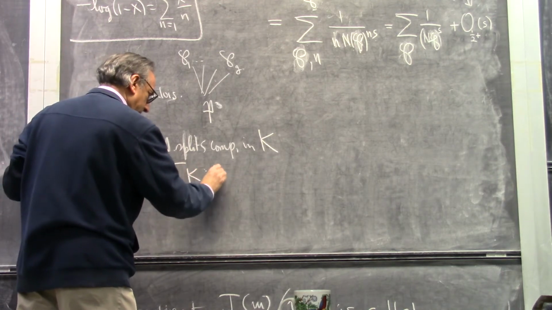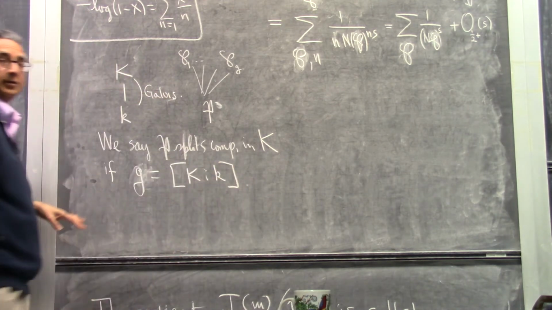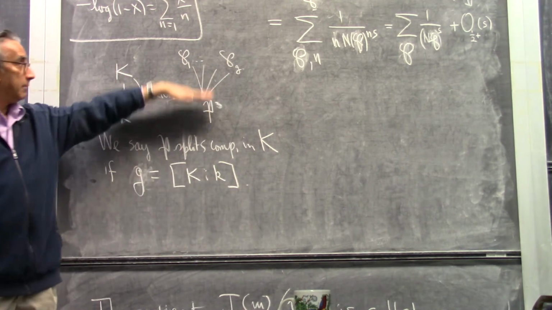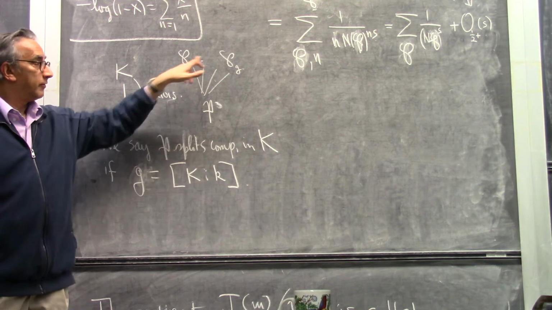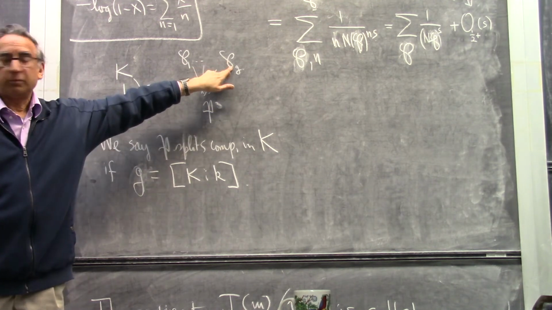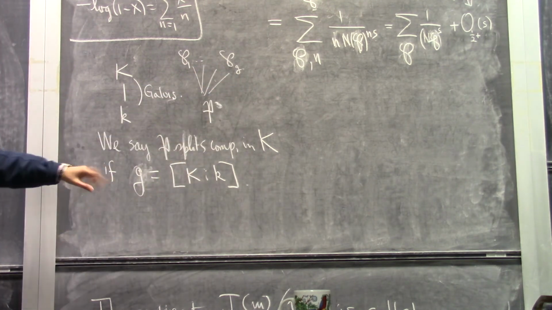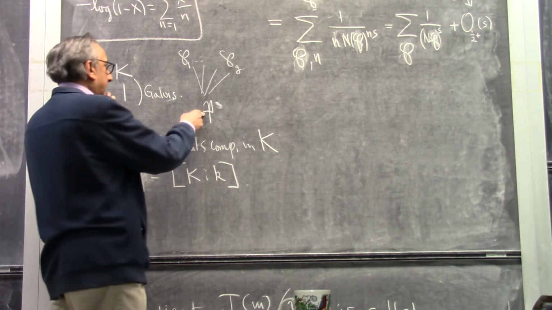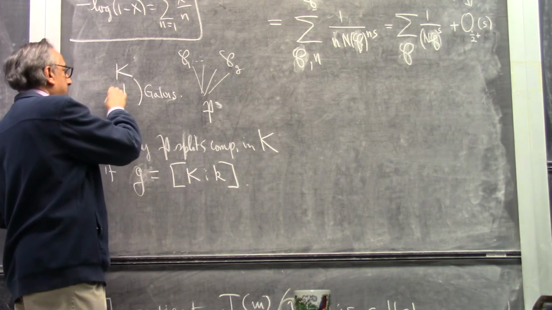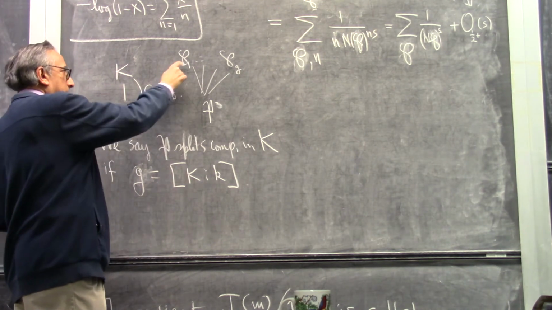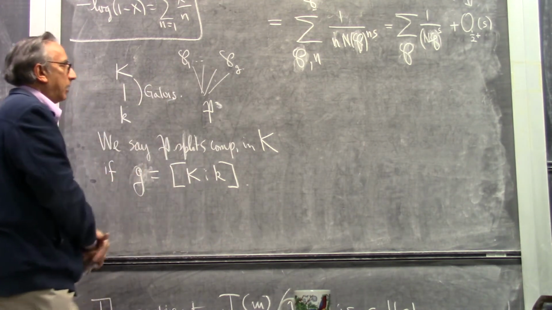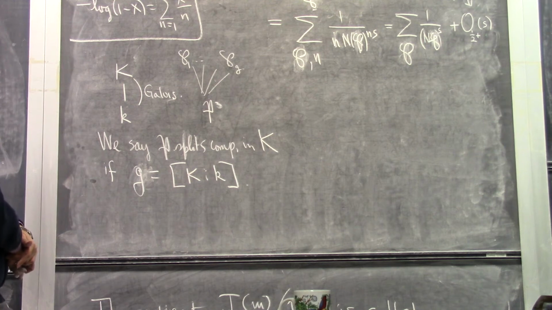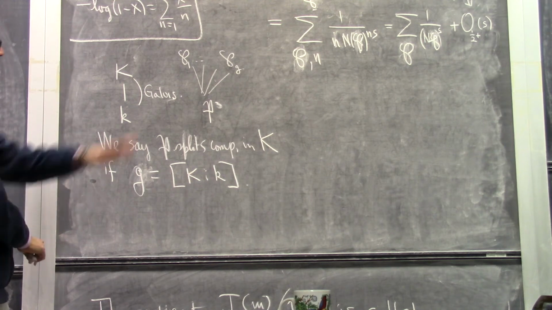In other words, what's the largest number of prime ideal factors you can have? So if it splits completely, the number of prime ideal factors is the maximum you can possibly have. This means that if P splits completely, there are exactly n prime ideals above it, with n the degree.